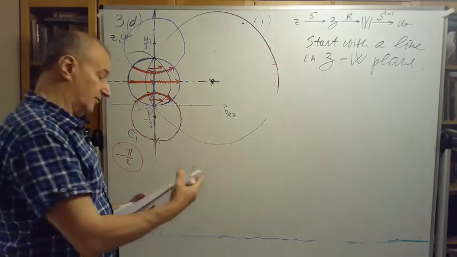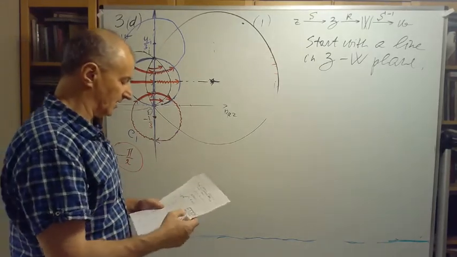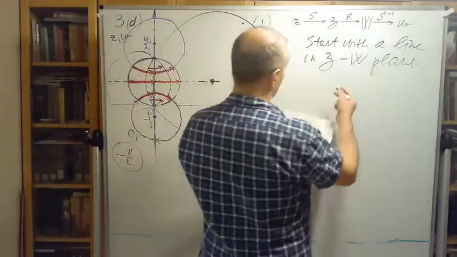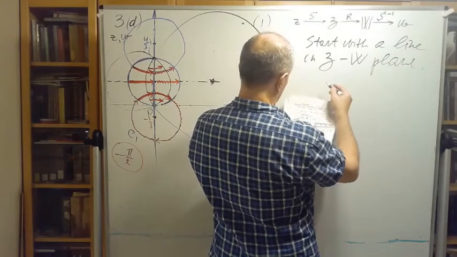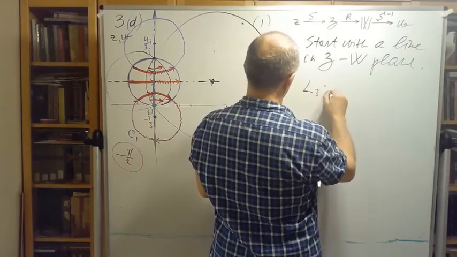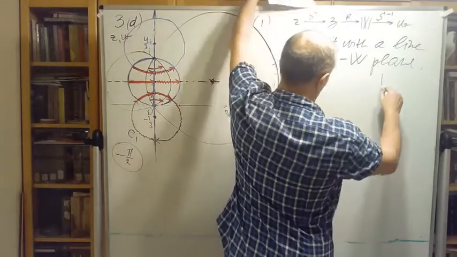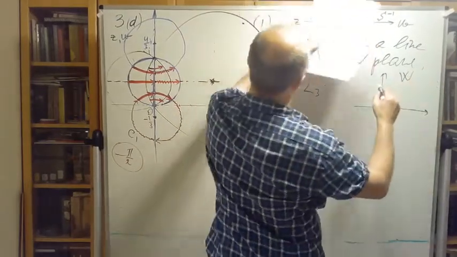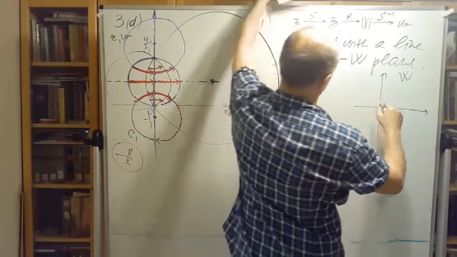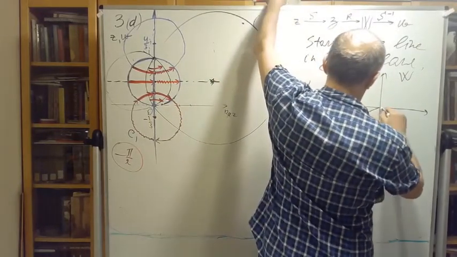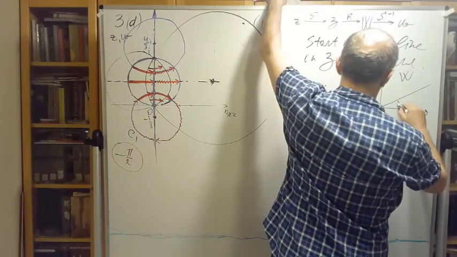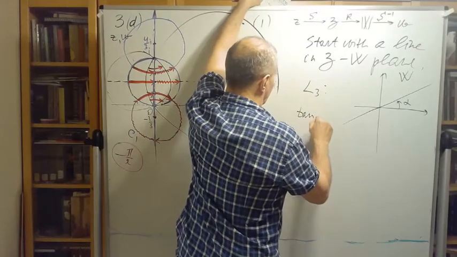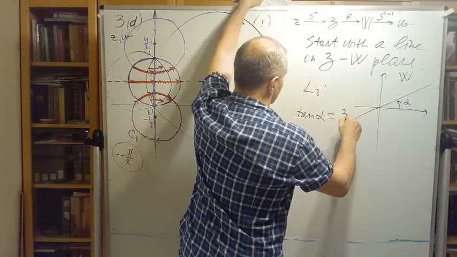And I will post these calculations on whiteboard, yes? I had a line which I called L3 in W plane. It has equation such that this angle alpha has tangent alpha equal to 3/4.